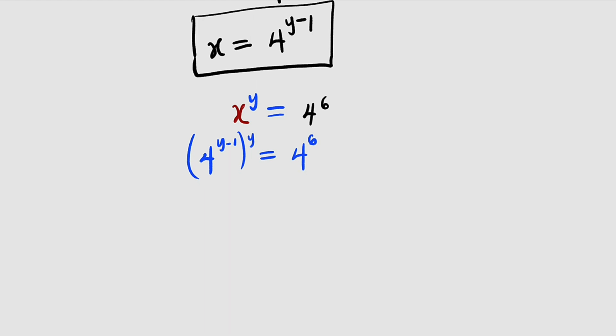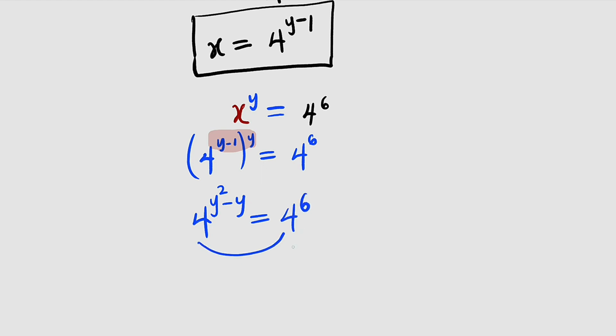From the laws of indices, these powers multiply. So we have 4 raised to the power of y squared minus y, equal to 4 to the power of 6.